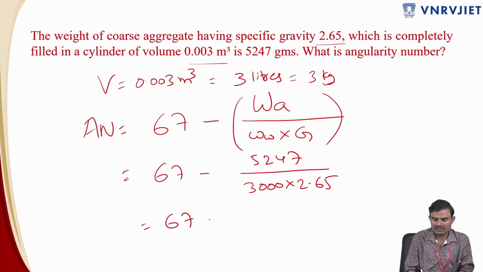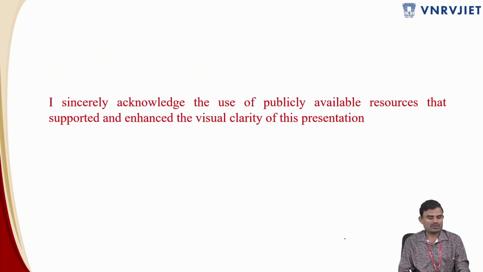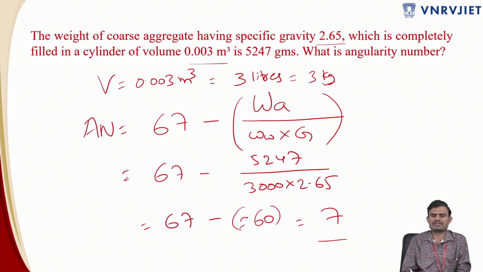Then you can calculate the value of this. I don't know what value comes here, whatever it might be, for assumption purposes let it be 60. Therefore your angularity number is 7. So this is the angularity number. This is the basic discussion regarding the shape tests: flakiness index, followed by elongation index and angularity number.